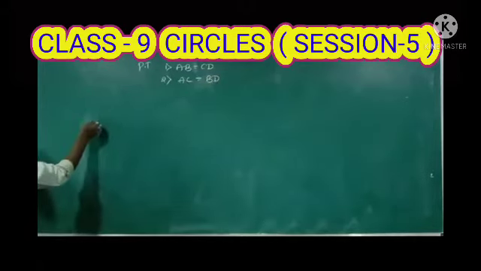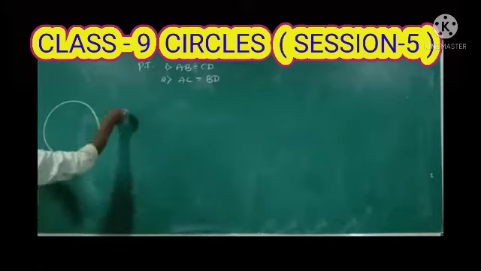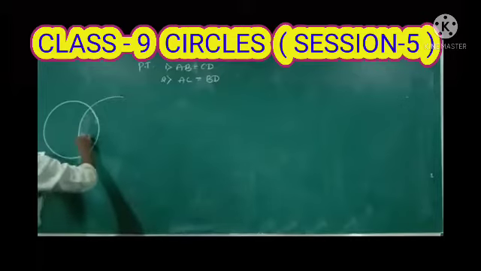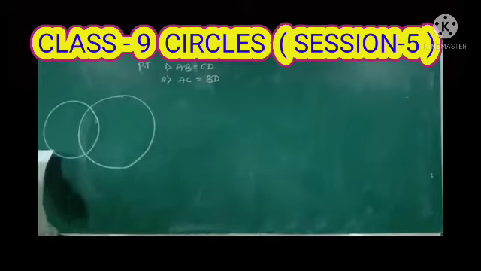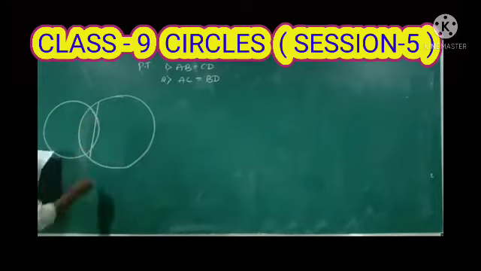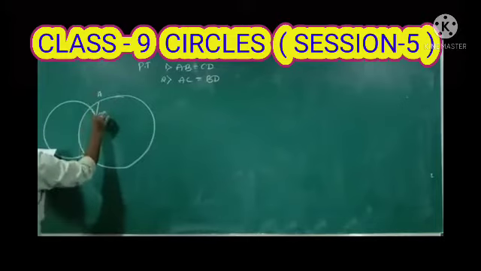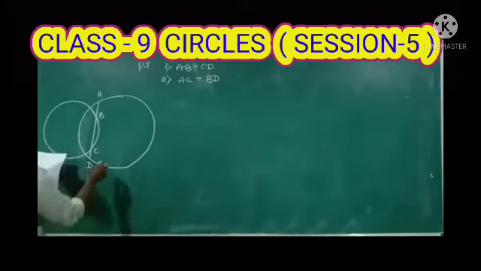So the two circles are like this. One is a smaller circle and another one is a larger circle. Here A, B, C and D are the points, right?